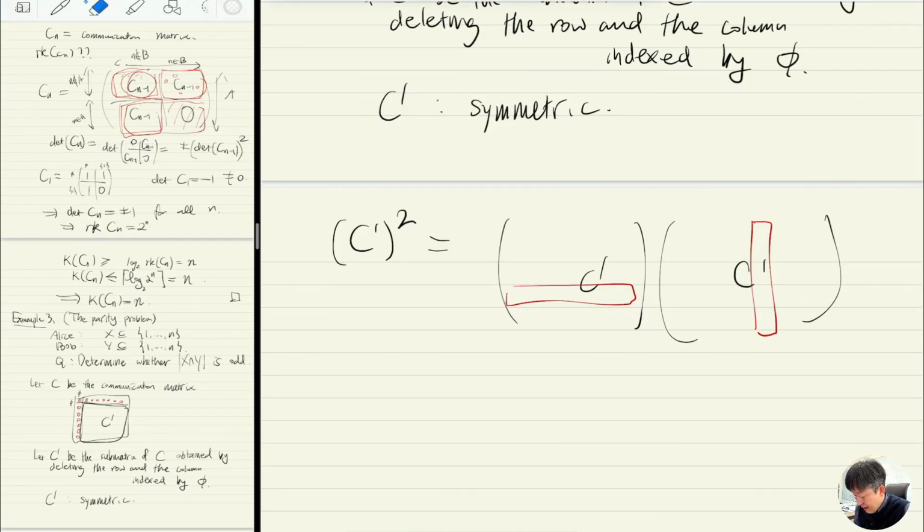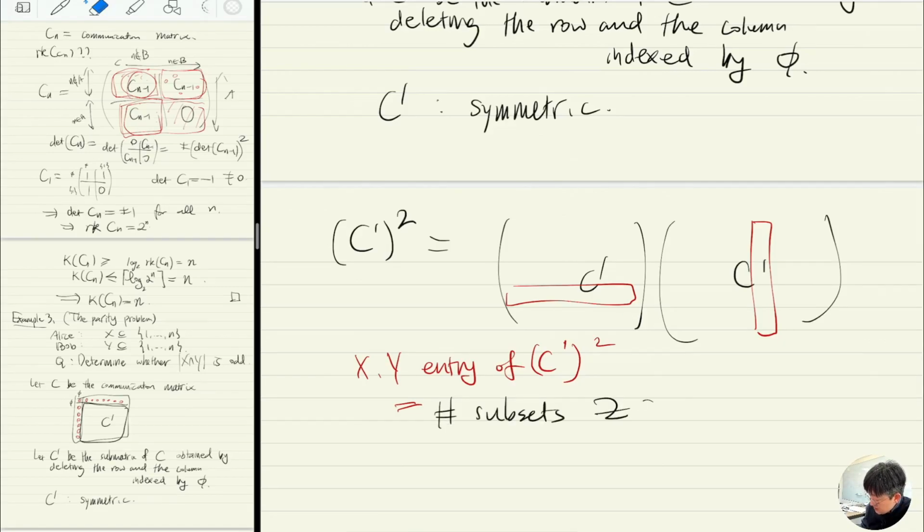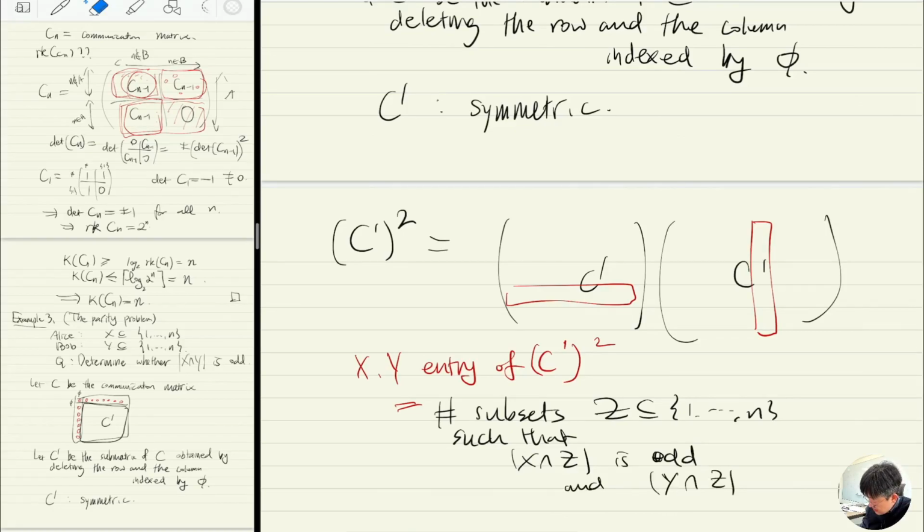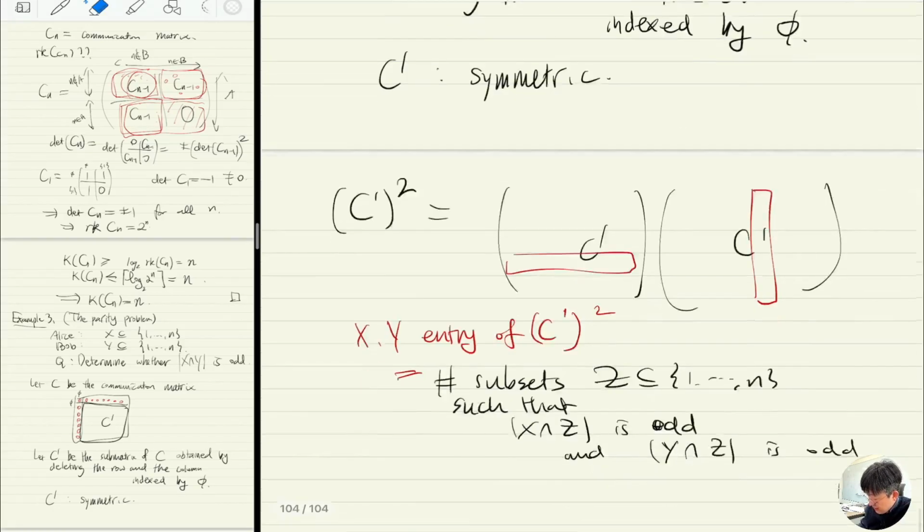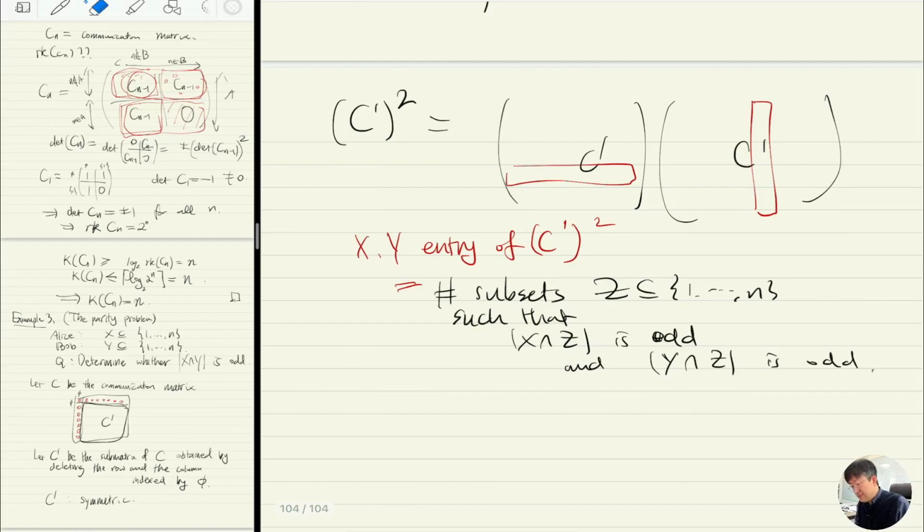So the XY entry of C prime squared is the number of subsets G such that X intersection G is odd and Y intersection G is odd, right? That's the XY entry of the square of C prime.